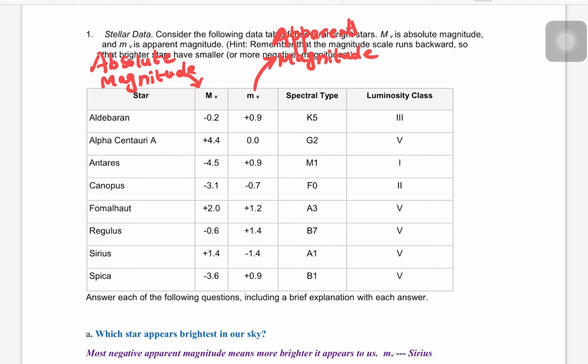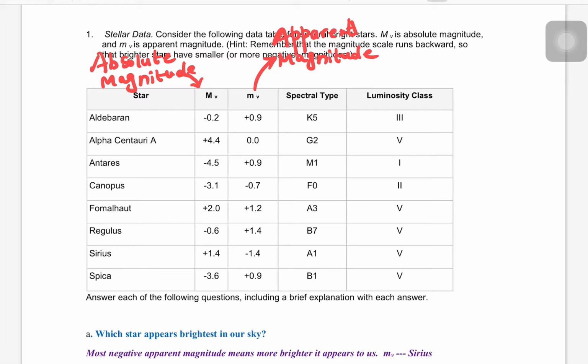First, the apparent magnitude, a small mv. This tells you how bright a star looks when you see it from the Earth, or when you look through a telescope. It is apparent because all the measurements are done from the Earth. How bright it appears to your eye is the apparent magnitude.